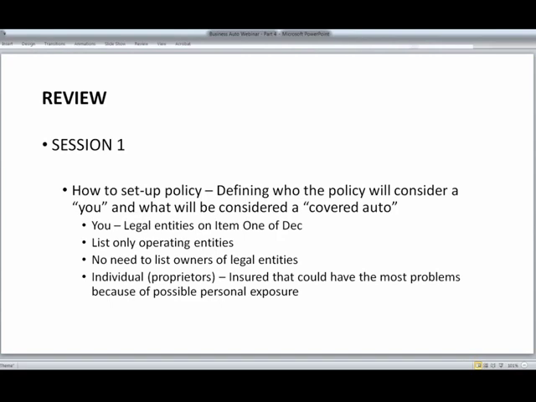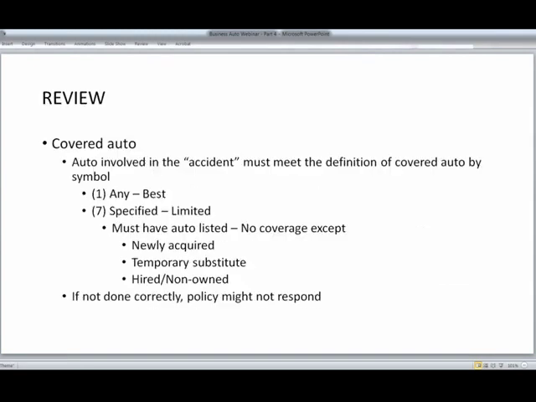This does not, in the long term, provide a benefit to the insured, because if an accident happens, then that loss on that accident that was caused by a vehicle being used personally would be charged against the commercial auto coverages, and that would cause, in all likelihood, an increased premium for a number of years, costing the business more money. So we talked about leaving the personal exposures off of the commercial policy.